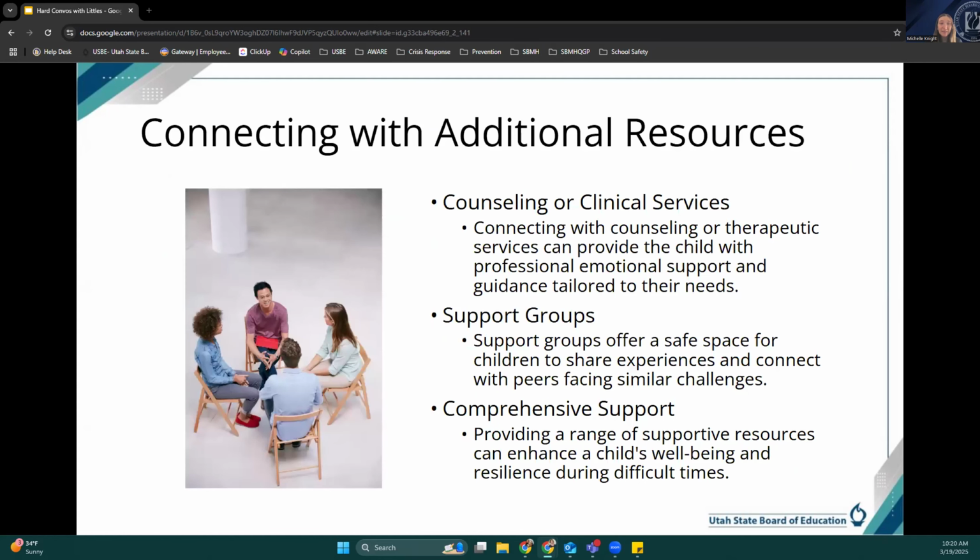And then, of course, if needed, connect the child and the family, if that's whom you're talking to as well, with additional resources such as counseling or support groups. Providing comprehensive support can greatly benefit their emotional health. And then whatever is in your own schools.